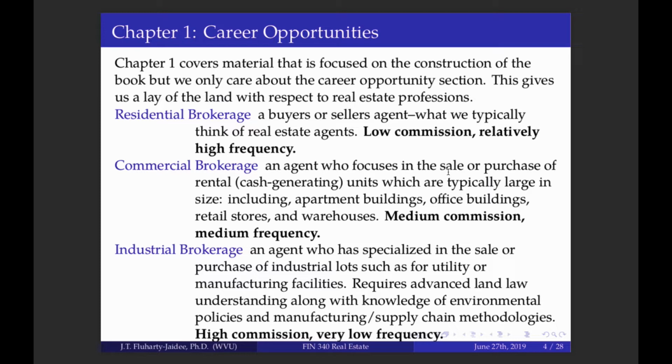Industrial brokerage, because they're such large pieces of land with such large buildings that are going to be placed on them, has very high commissions, usually millions of dollars. And it's usually going to be a large firm that's going to handle this, and the commission will be split up among a fairly significant team because they require advanced knowledge of the land law and advanced knowledge of environmental protection and manufacturing and supply chain in order to make sure that you structure the deal accordingly, that you get the right tax havens if you are in one state versus in another, and you're transacting over the state border.